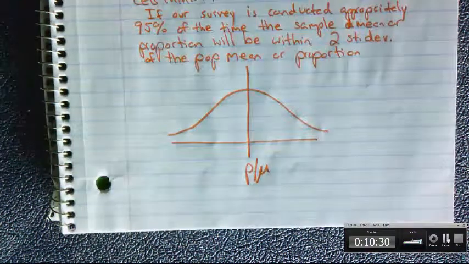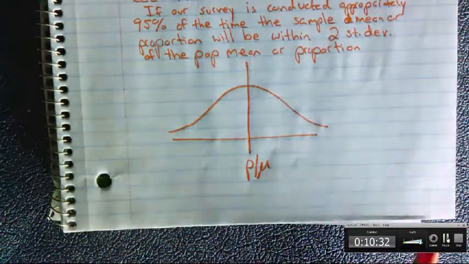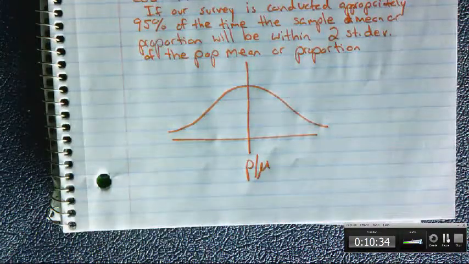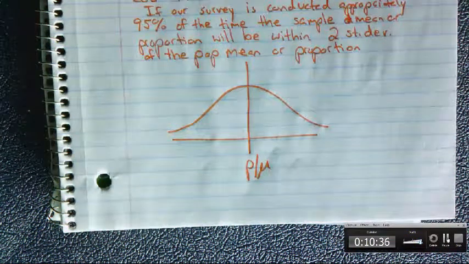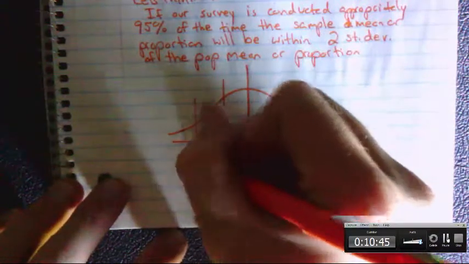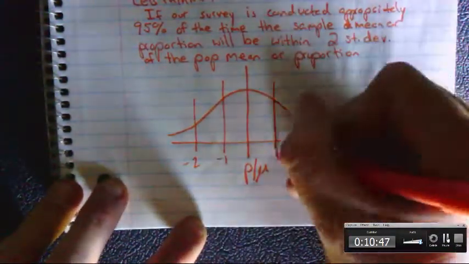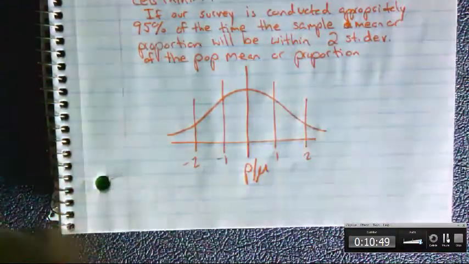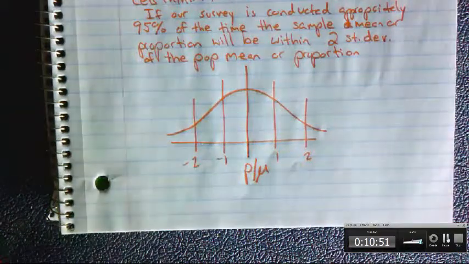Remember, P is proportion, mu is mean, but they both represent the population. 95% of the time, our sample data should fall somewhere in this region.